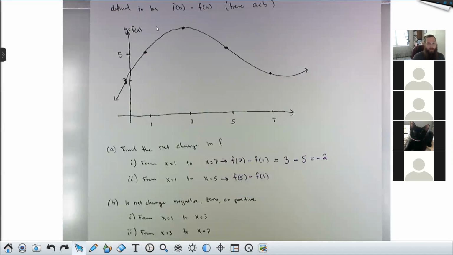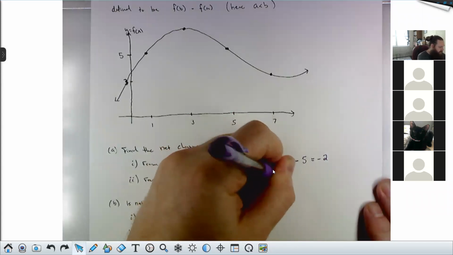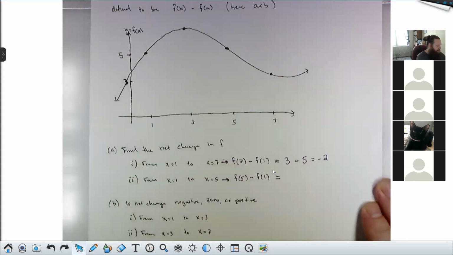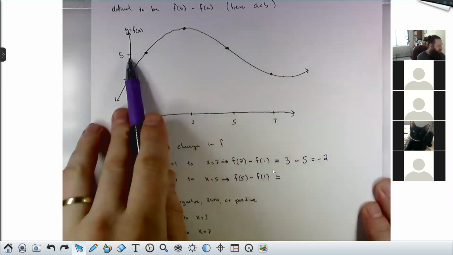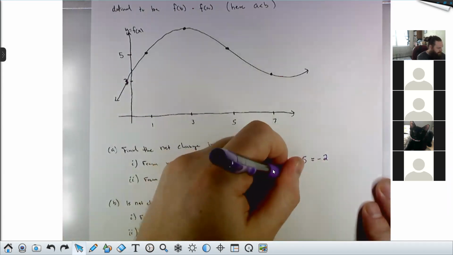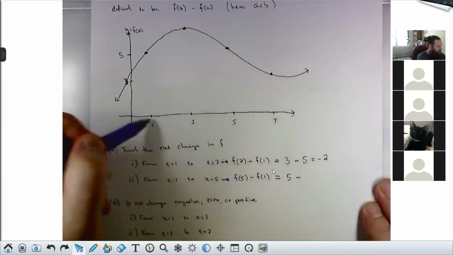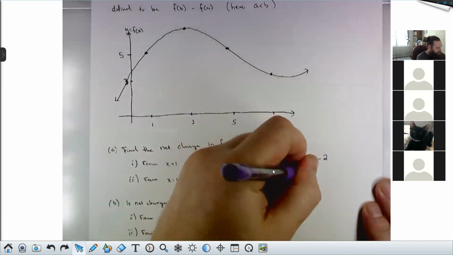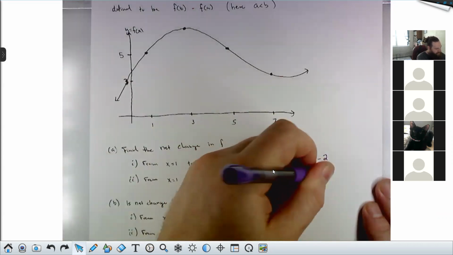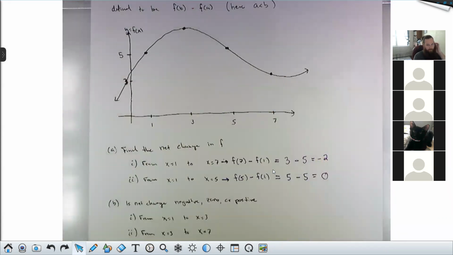The other thing is it shows me that you remember the definition, which is a really useful thing. So writing down this in-between step is wise. Now, even though I've been rambling, I can look back and see what I need to do. Okay, f of 5 is 5. Minus f of 1. F of 1 is also 5. So 5 minus 5, that's a net change of 0.